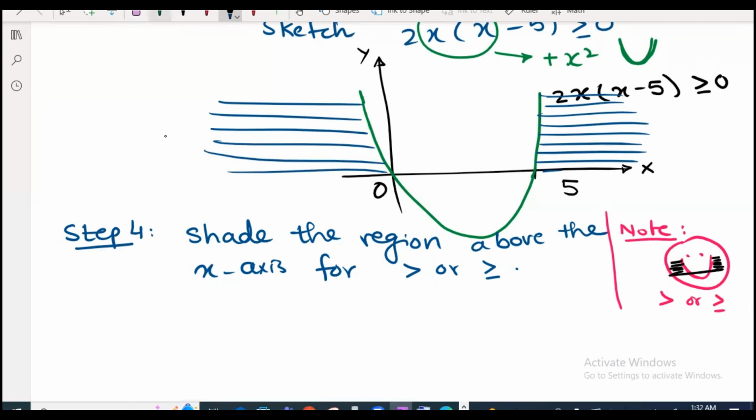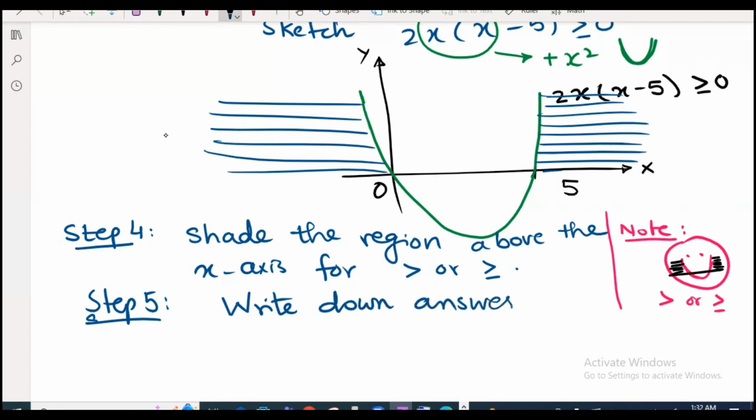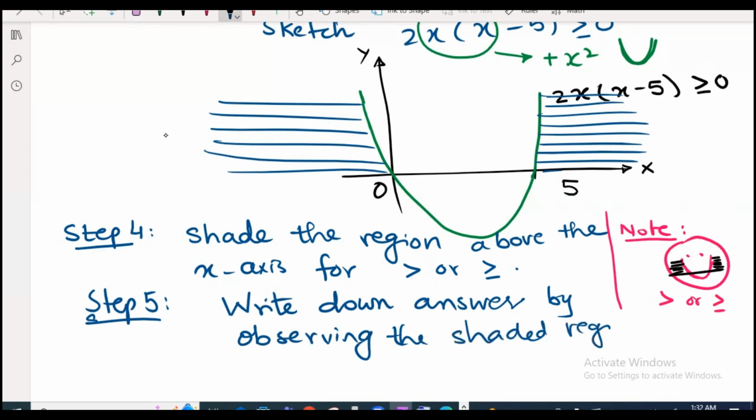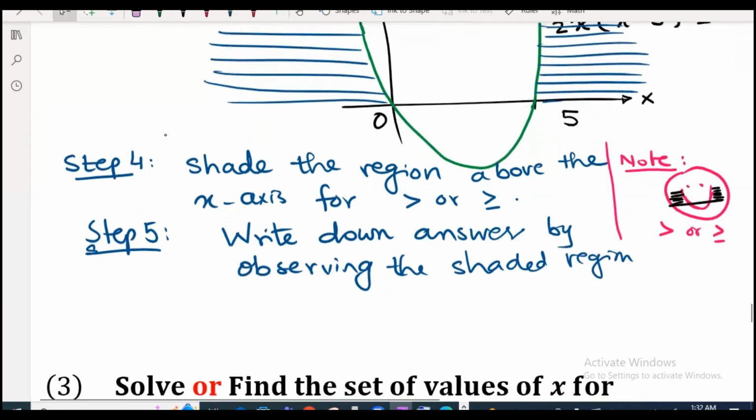Now step number 5. Step number 5 is write down the answer by observing the shaded region. So observe the shaded region.